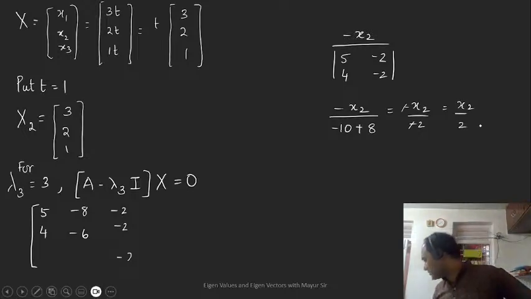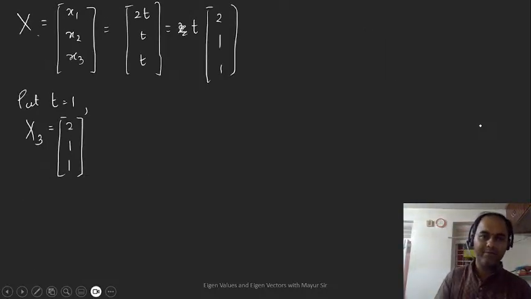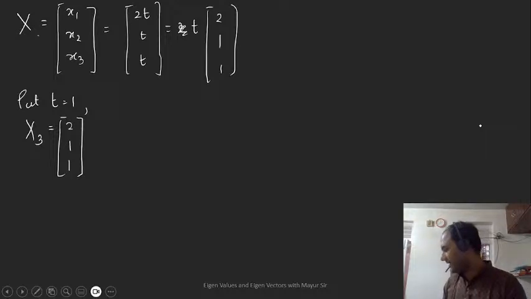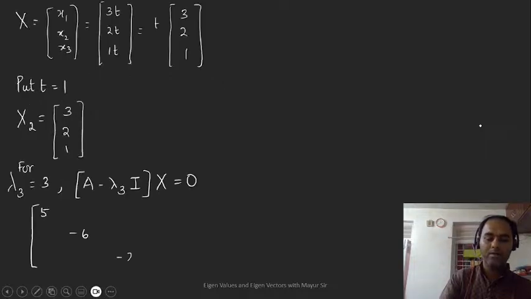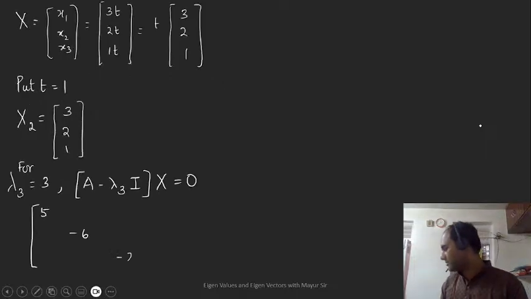You must get 2. Minus 2 is not the thing. So I hope you got that. Please check your answers. So the final answer is 2 1 1. That's what you got, right? So 2 1 1, that's the answer.